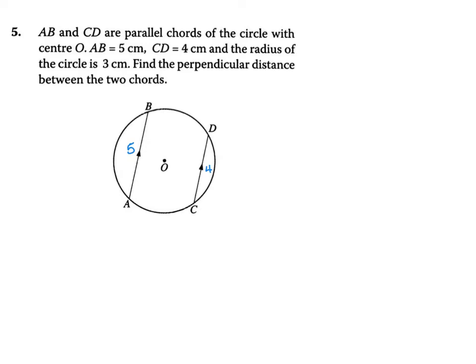Now let's try to find something about the radius. Where can I draw the radius of the circle? I can draw maybe O to B. This is 3 cm. If that's the case, what can I form? Maybe I can try to draw the perpendicular distance from O to B. Perpendicular distance, right?